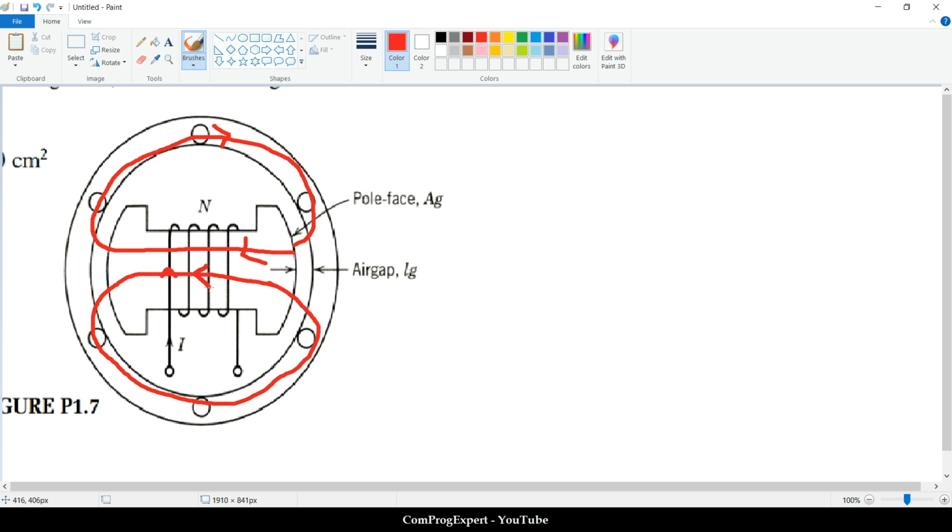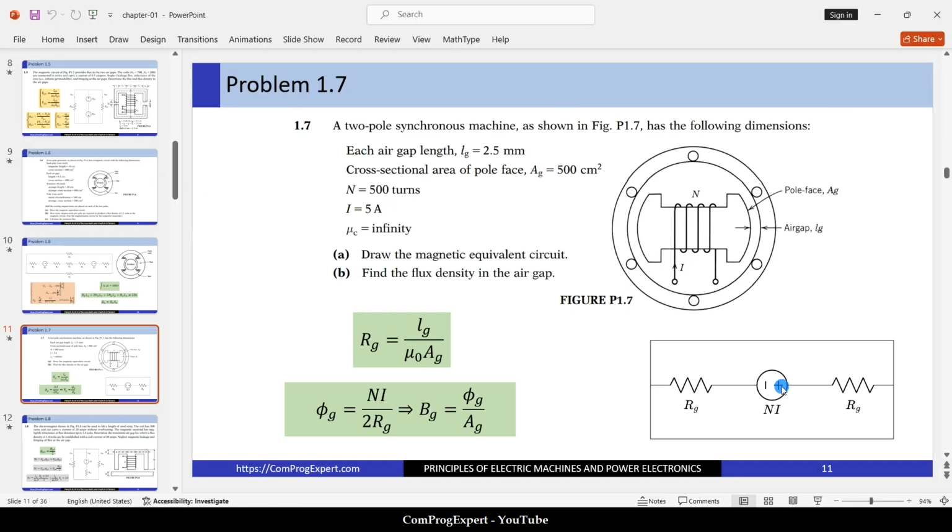Because the reluctance of the iron is 0, we have ideal iron. We only have two reluctances. One air gap reluctance here, another air gap reluctance here. So considering these flux lines, we can draw this equivalent circuit.